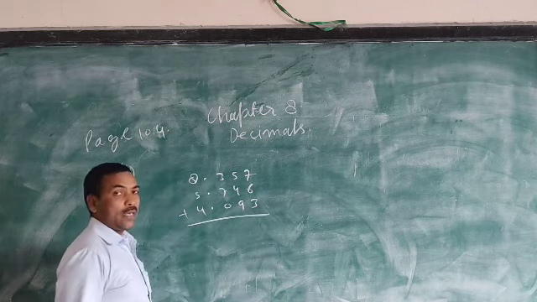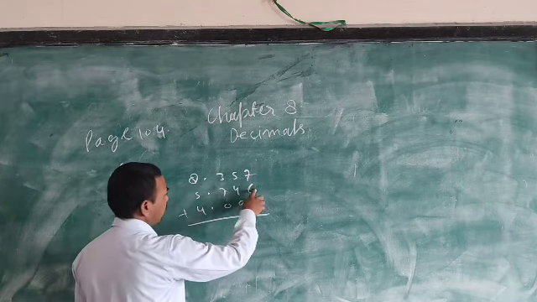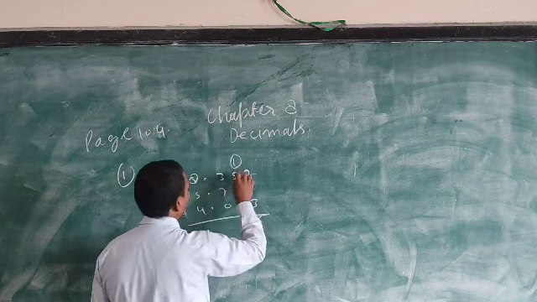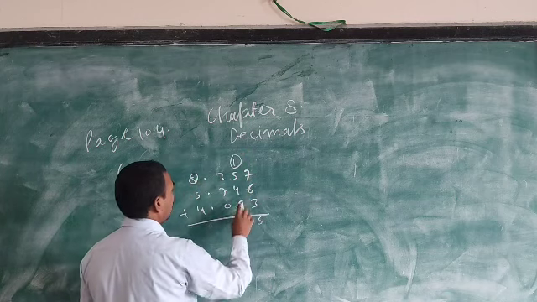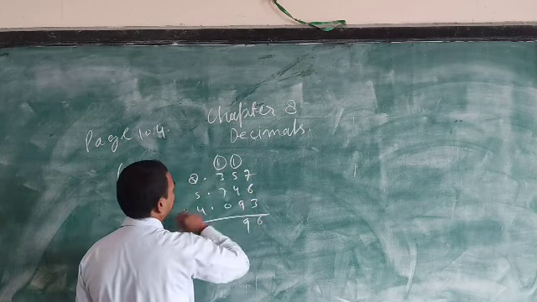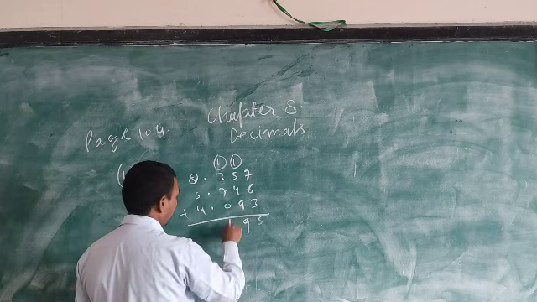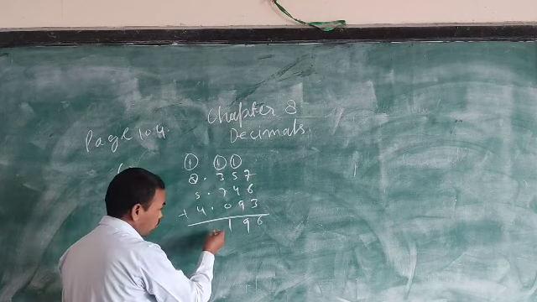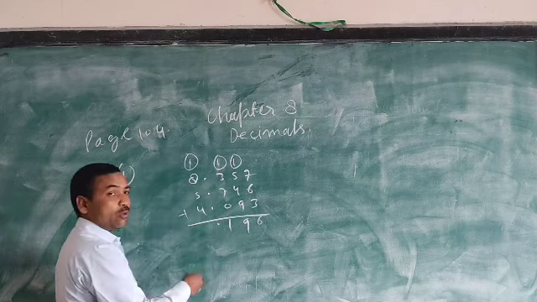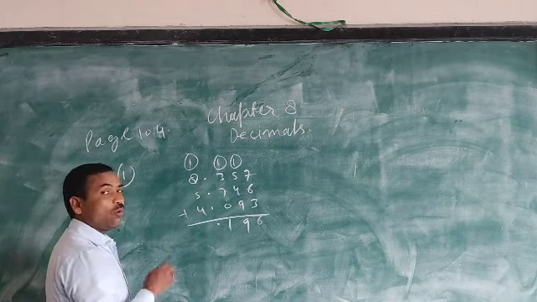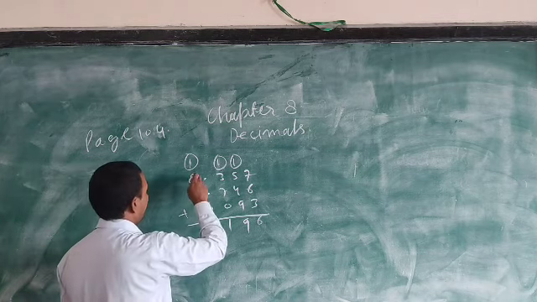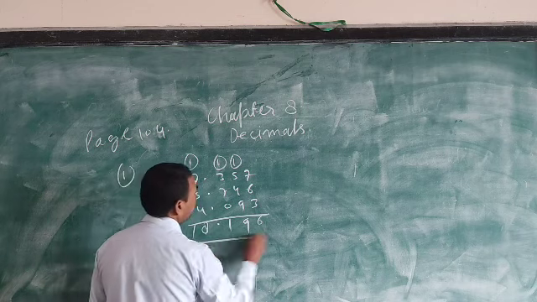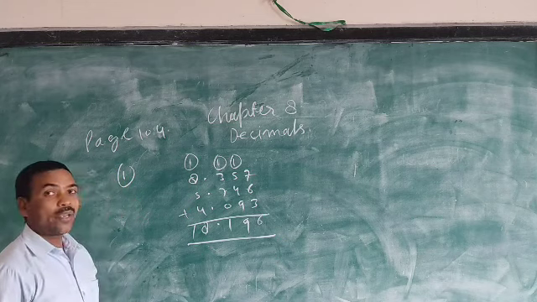Just add like whole numbers: 6 and 3 is 9, 9 and 7 is 16, 1 carry, 5. 4 and 6 is 10, and 9, again carry. 3 and 1 is 4, and 11. Just keep the point in the answer below the point. And then you have to add 8 and 1 is 9, 9 and 9 is 18. So the answer will be 88.196.